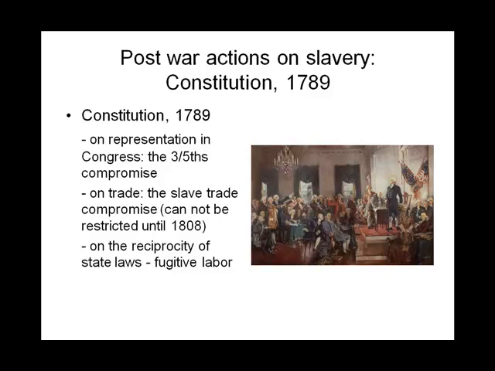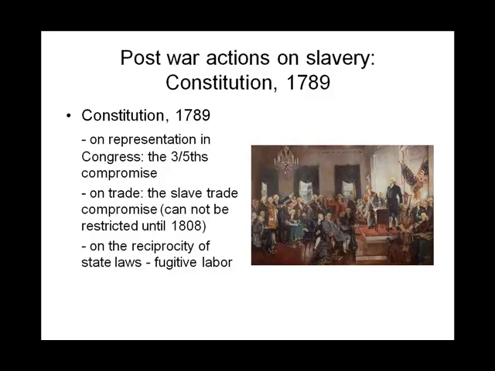In Article 1, Section 9, you deal with this issue of trade. And in that section, you have the provision of the slave trade compromise. What this said very simply was that Congress would have the power to abolish the slave trade, the importation of labor.